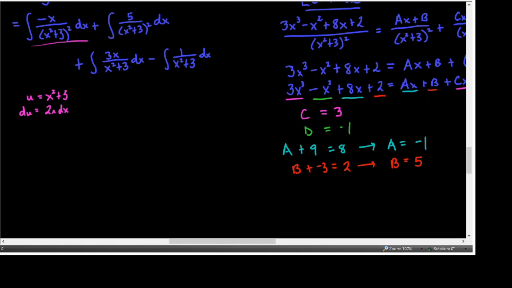So I'm going to have to multiply inside by 2 and outside in front by 1/2, so that I'm multiplying by a form of 1.